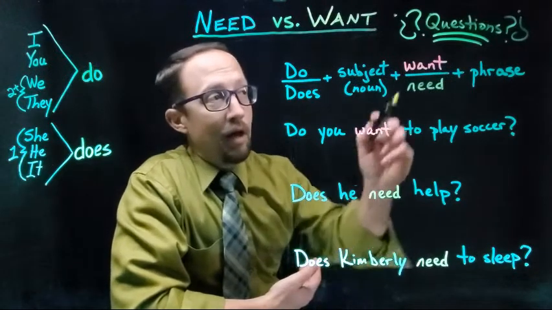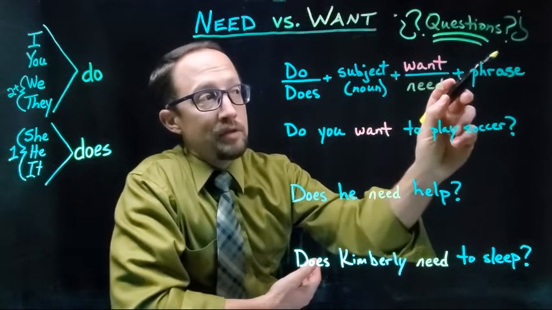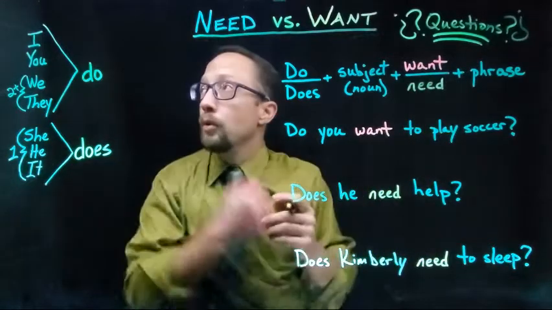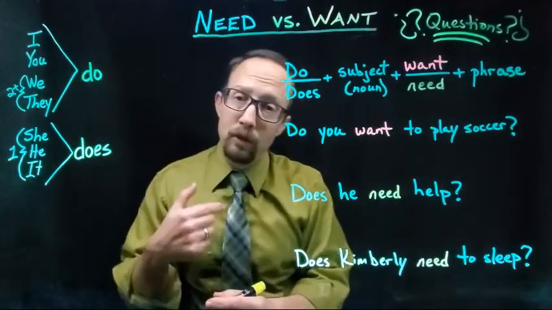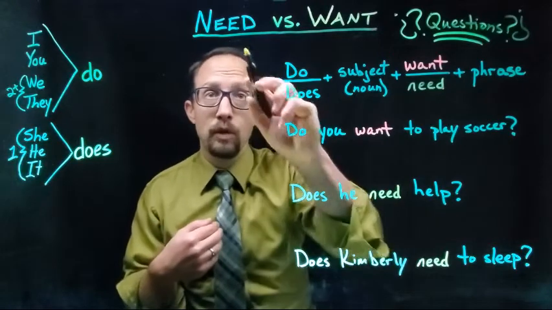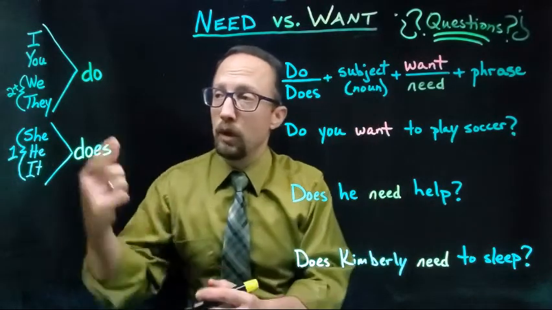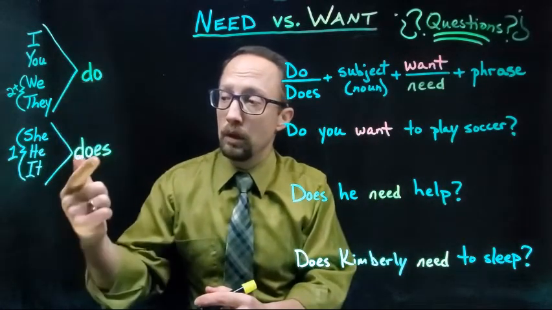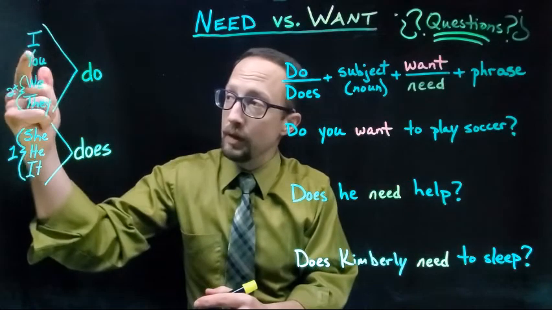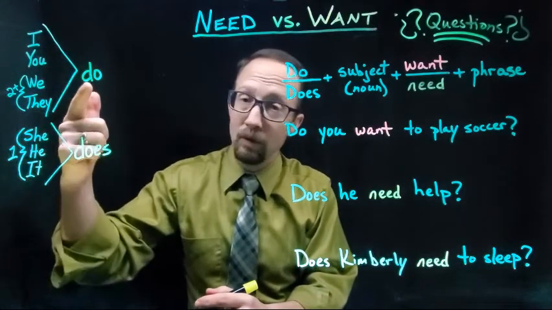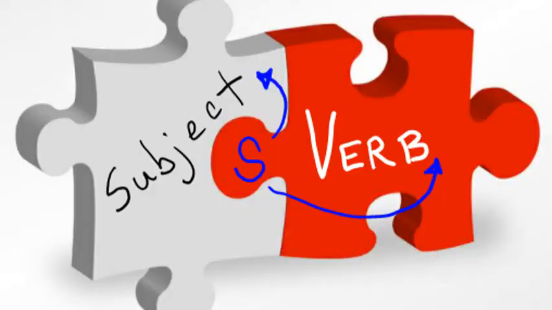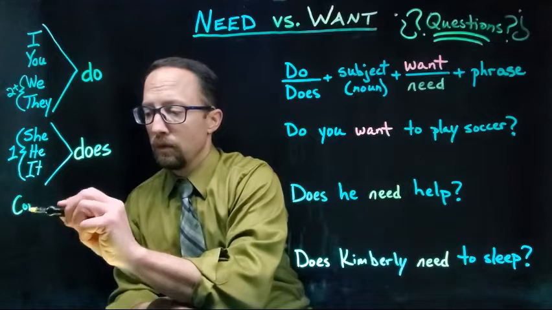Let's talk about questions. So remember, when we have a question with need or want, we also use do and does. And our subjects have to agree with the verb. Also, remember contractions.